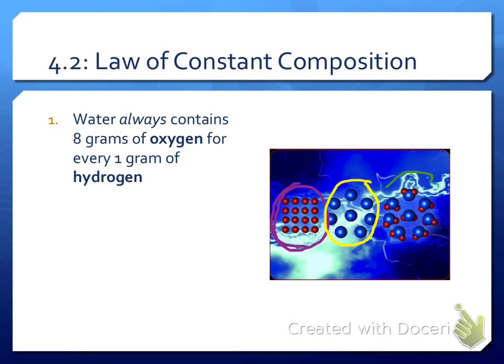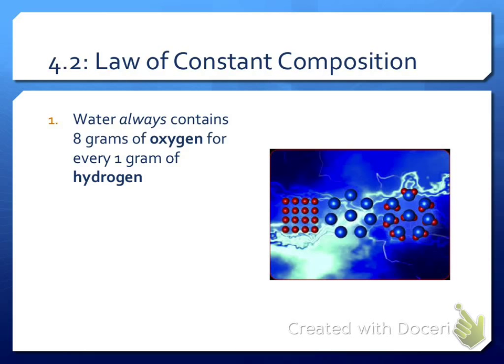They always come up with a sample of water that has 8 grams of oxygen for every 1 gram of hydrogen. So it doesn't matter if they used 1 billion kilograms of hydrogen at the beginning or 1 single gram of hydrogen at the beginning. The ratio of oxygen to hydrogen at the end is always 8 to 1.